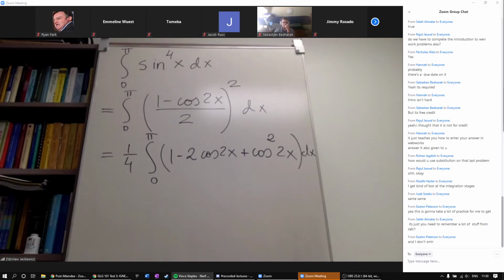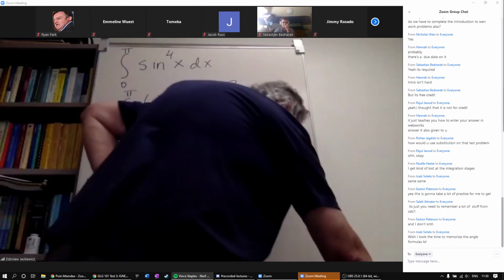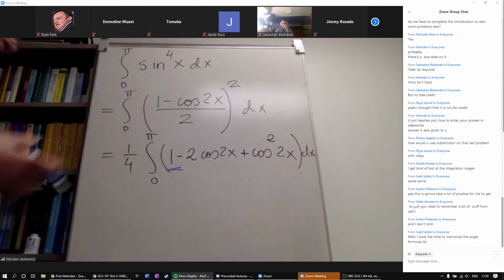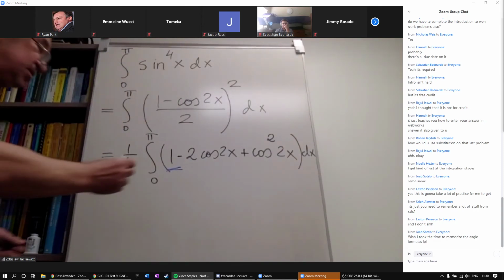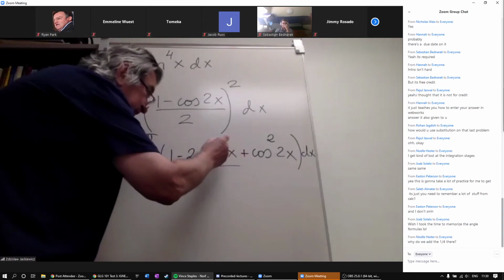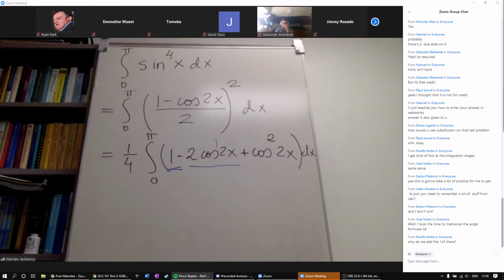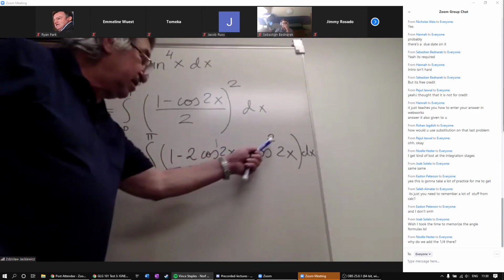We are still not done, but it is easy to integrate 1, no problem. It is also easy to integrate this one because we have the first power. Now we have to integrate cosine squared.